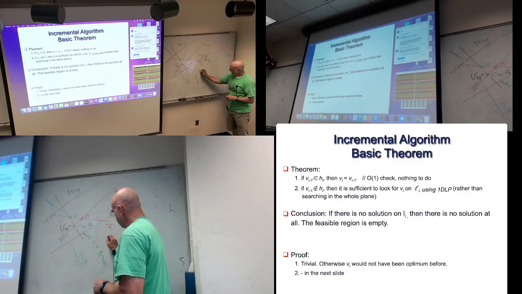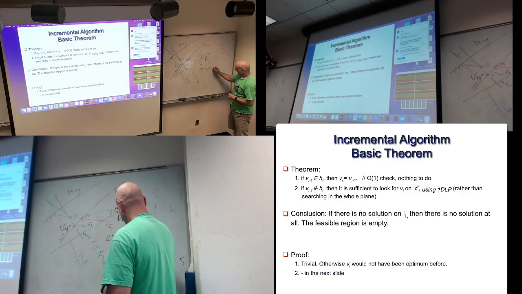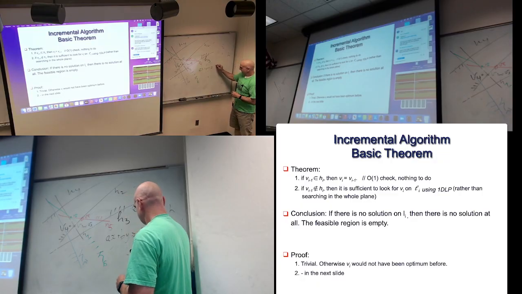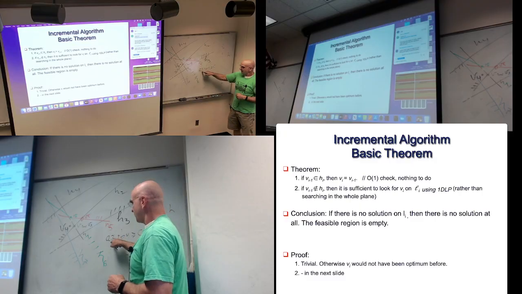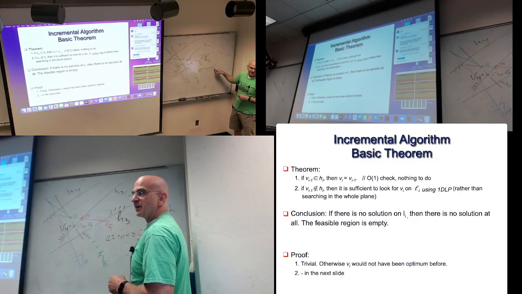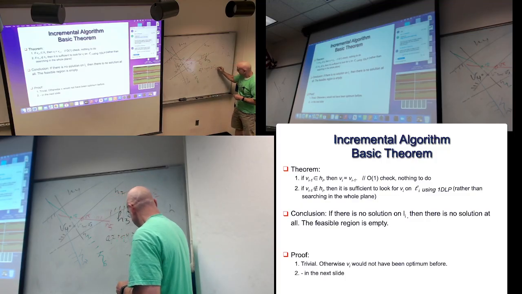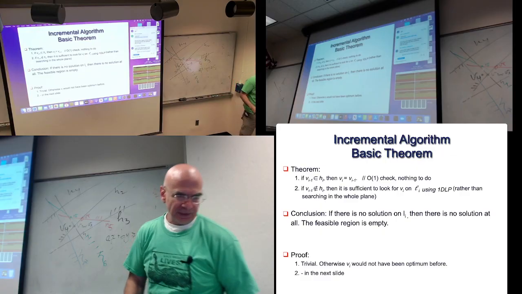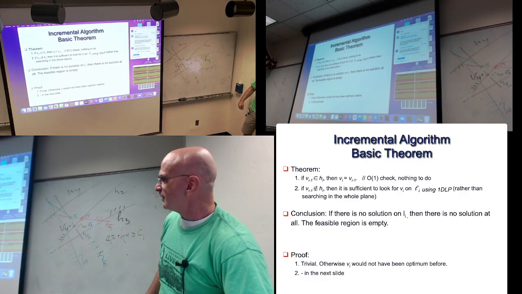If the half plane is represented as ax plus by is larger than c, then just take the new solution vi, put it here and here, and see if it satisfies it. Maybe I'll make it ai, bi and ci for the ith constraint. Okay, part 2 is a surprising part.